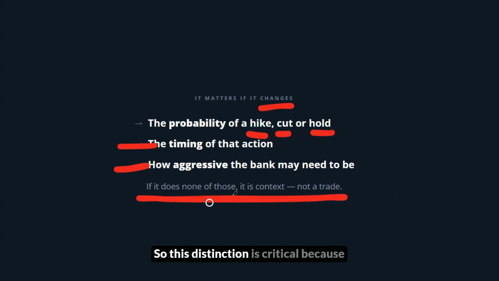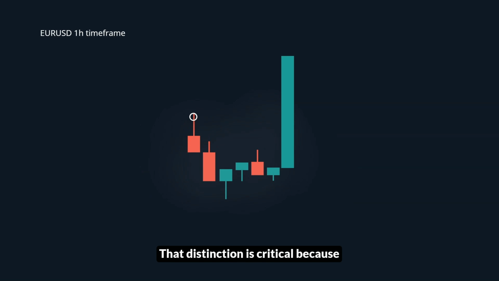This distinction is critical because very often, with the data, you may see volatility, but volatility doesn't mean a new trend is starting, something that you can trade, okay? A large candle tells you that something has hit the market, some orders hit the market. In this case, when it comes from economic data, the very first reactions are algo-driven.